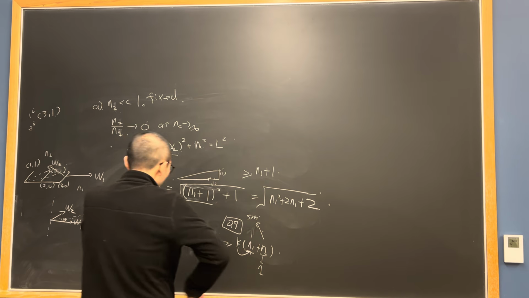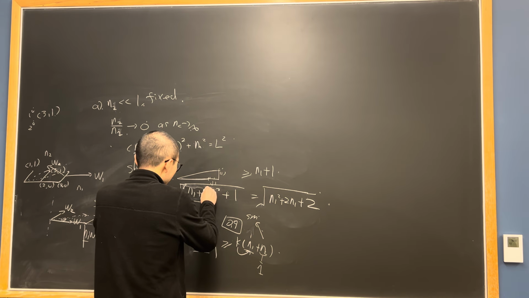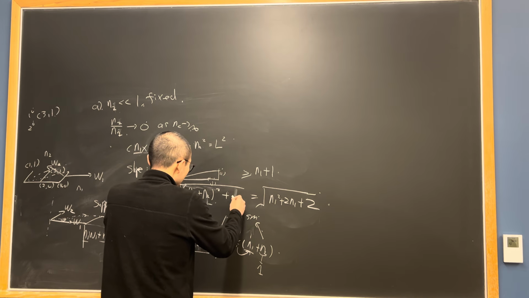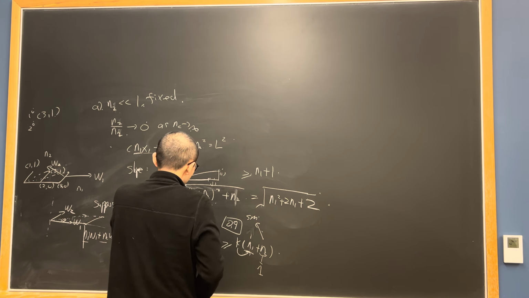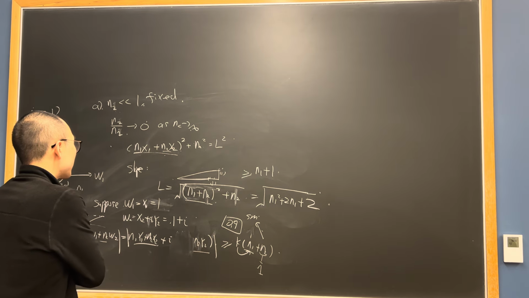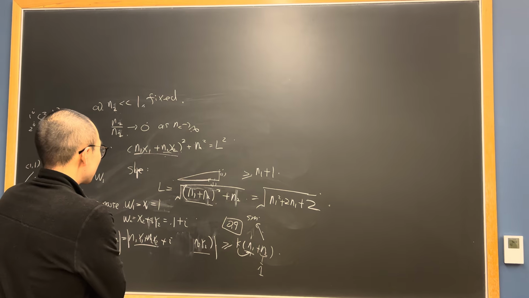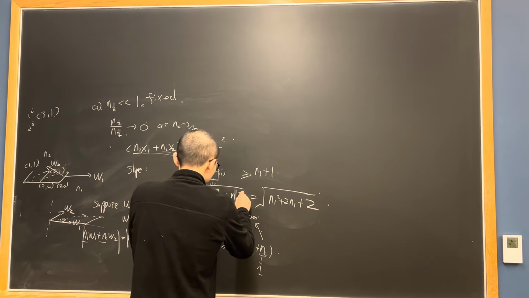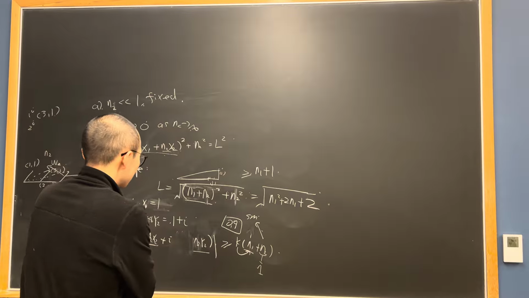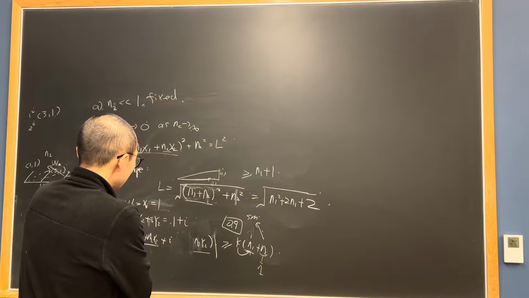Okay, so now what happens if I add the n2 to it? What happens if I change it to that? Oh, sorry, n2 squared.